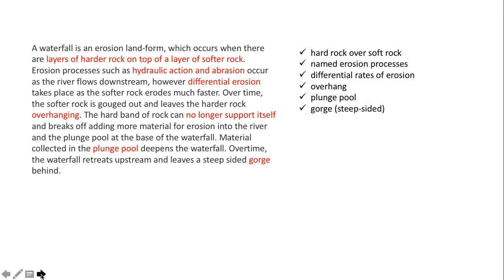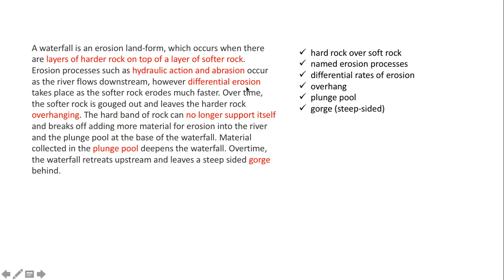And the hard rock is not eroding as quickly as the soft rock. So there is a layer of hard rock on top of the layer of soft rock. The soft rock gets eroded. And here, look, in this answer we've named the erosional processes. So we've said how that soft rock is getting eroded, and that's hydraulic action and abrasion.